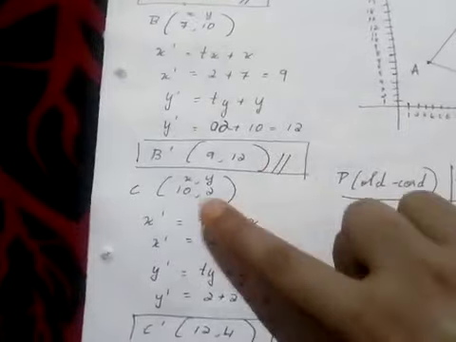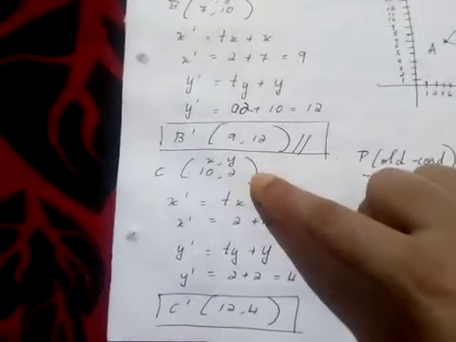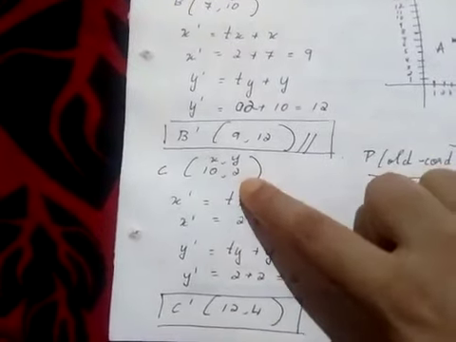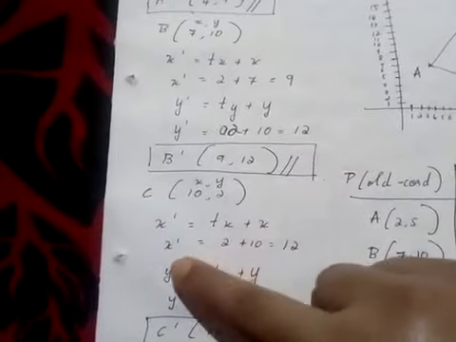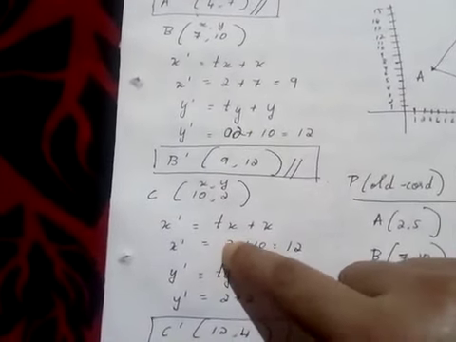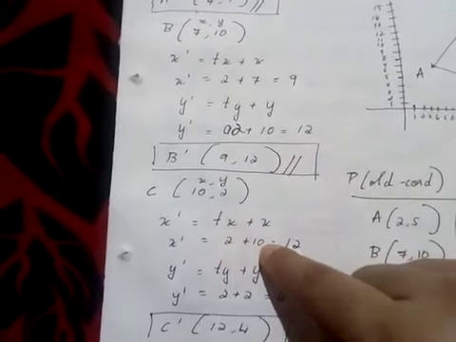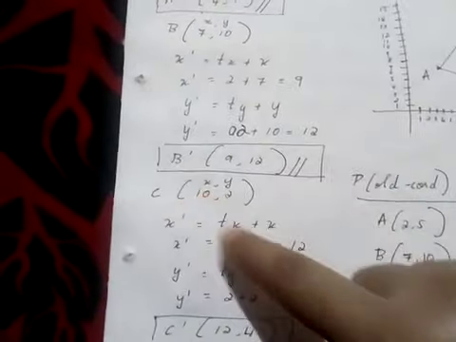Now which one is left? C. C is 10 comma 2. You have to find x dash, y dash. X dash is tx plus x. Tx is 2, x is 10, so 10 plus 2 is equal to 12. And how to find y dash?